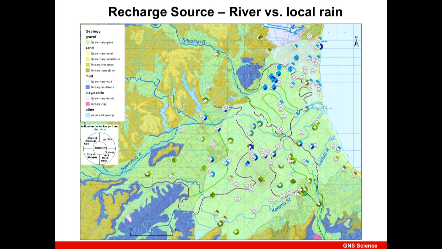And up here, so in this area, we have river recharge, and up here, very clear river recharge signal. So this is a little bit different to what the understanding was so far, and so this is still ongoing work. I'm still working through additional tracer data to fill in more and more of these gray areas which haven't got a color yet.